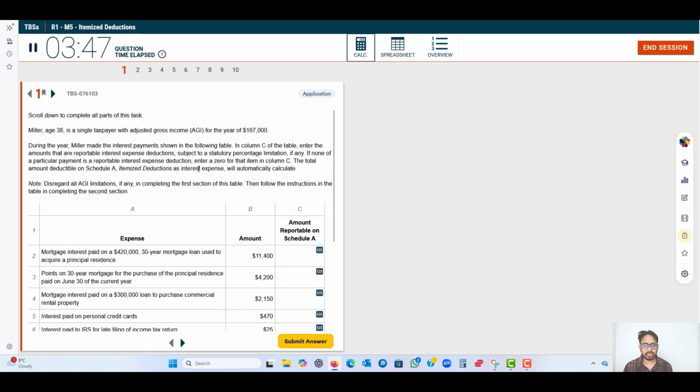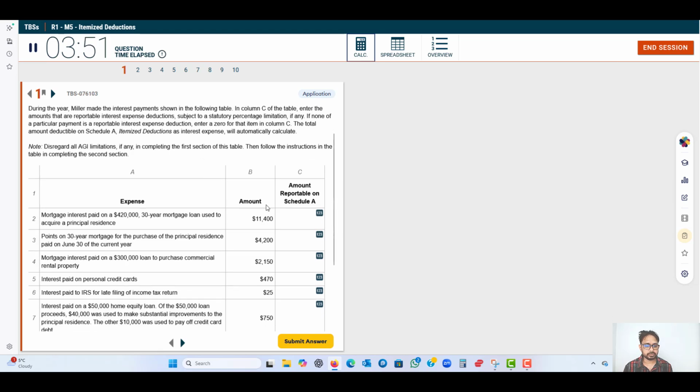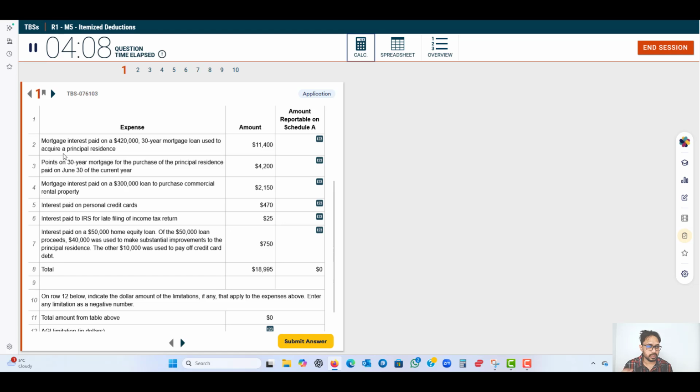Okay, now we have to decide whether this amount is reported as interest expense on a Schedule A. If the amount is reported as interest expense in a Schedule A, then we can calculate it as an itemized deduction. So let's do the math. Mortgage interest paid on a $420,000 30-year mortgage loan used to acquire a principal residence.